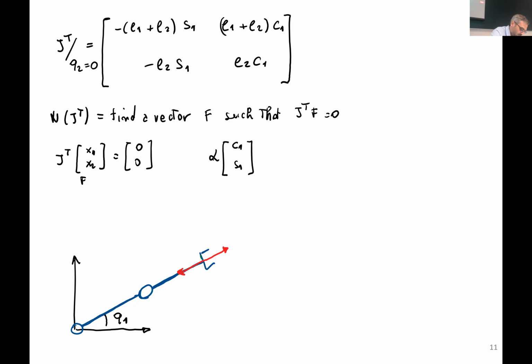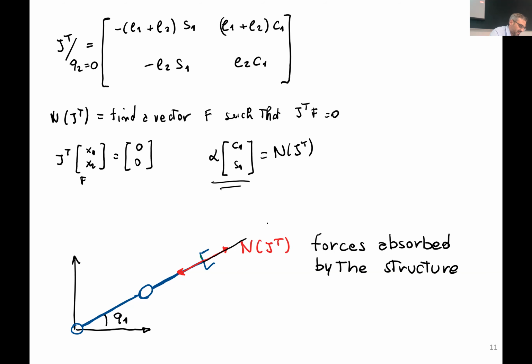And if you look at that, where is this direction? It is a null space of J transpose, exactly along the kinematic axis. And these are the forces that are absorbed by the structure. I did the example before.